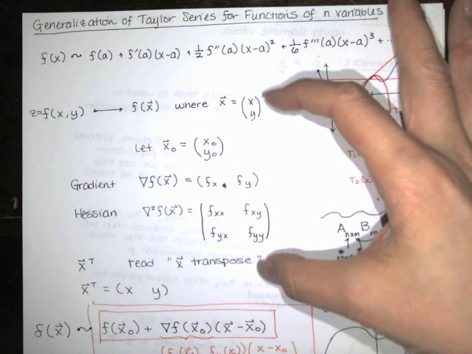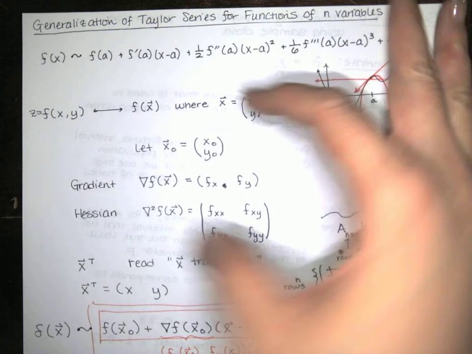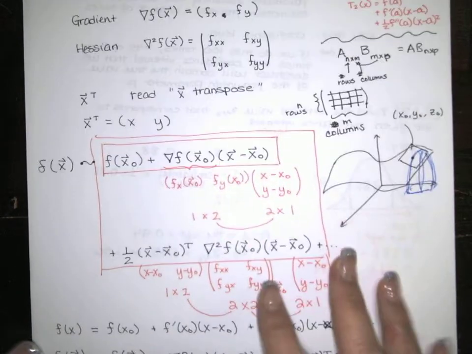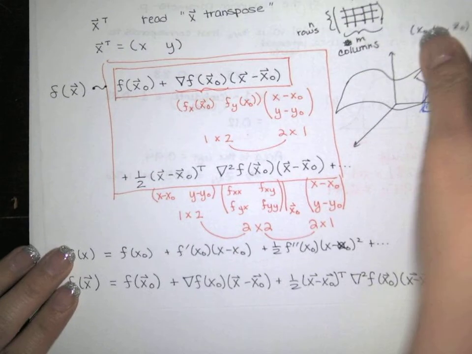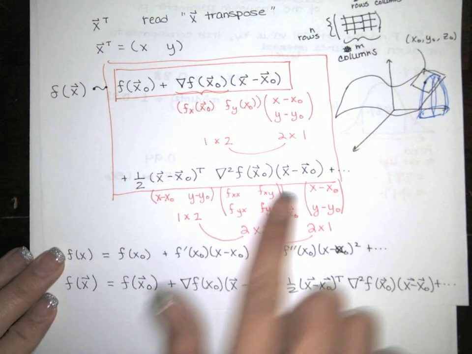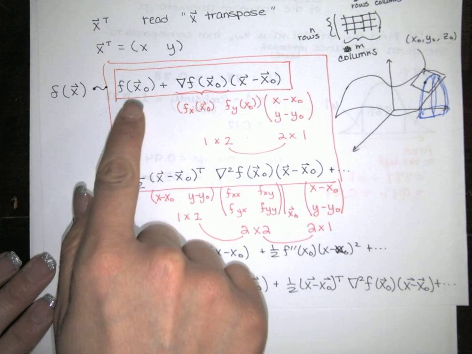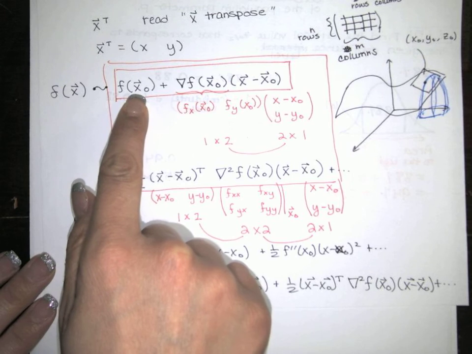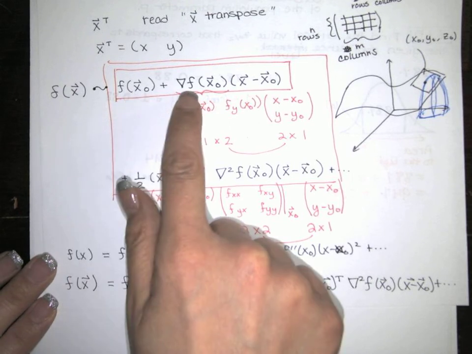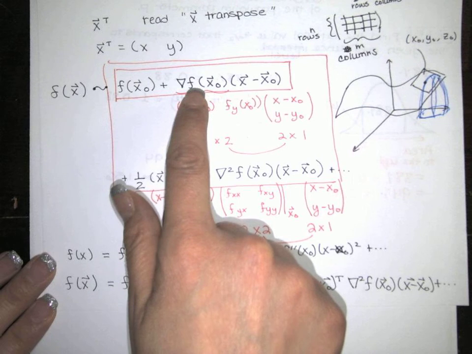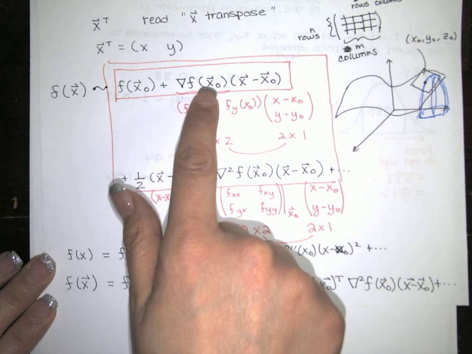Now, I wrote all of this as if we were dealing with a function that depended on two variables, x and y. But if you look at everything down here, notice that there is no indication of what the dimensionality of any of this is. X naught could be a vector with n variables in it. Then this would be a row vector with n components.